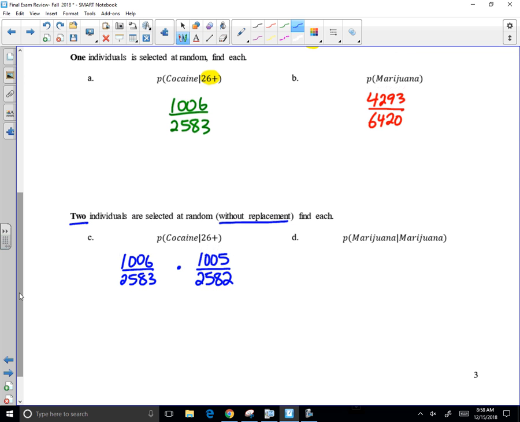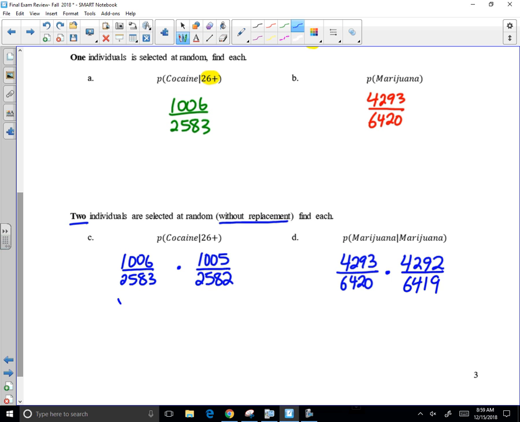The same idea for D: we had 4293 when it was just a single individual selected at random. Now if I want a second person, a second marijuana user selected at random, there's one less marijuana user, and there's one less person in total.